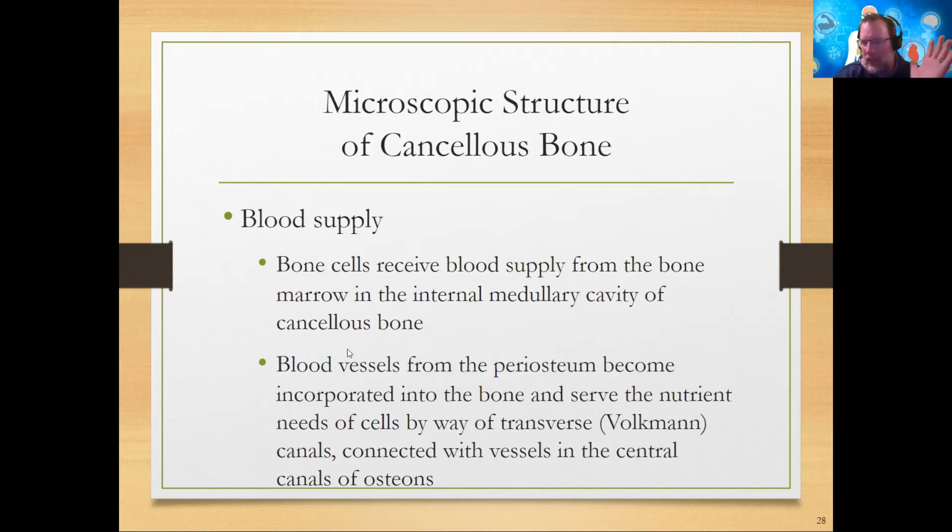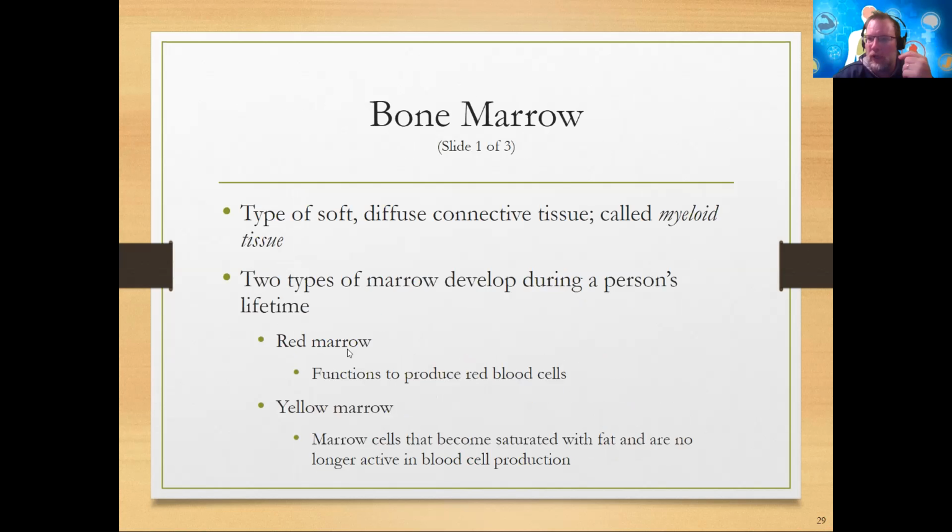Blood supply, again, I'm not concerned. If you saw osteon, you want to think of it like a functional unit of bone, right? Osteon, Haversian, and these are blood supply networks. Just remember, blood and bone go well together. Red blood cells are produced in bone.